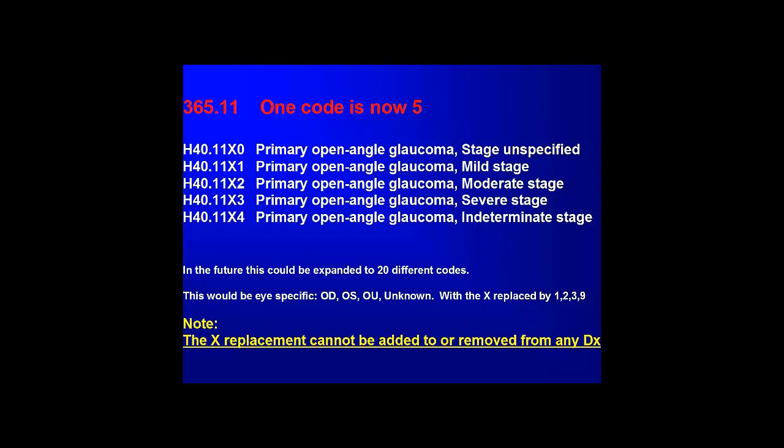You will get failed on those. So you need to make sure that you're specifying the stage. Because there's no I designation, it doesn't matter whether it's unilateral or bilateral, and you will just specify what stage it is for that particular patient.